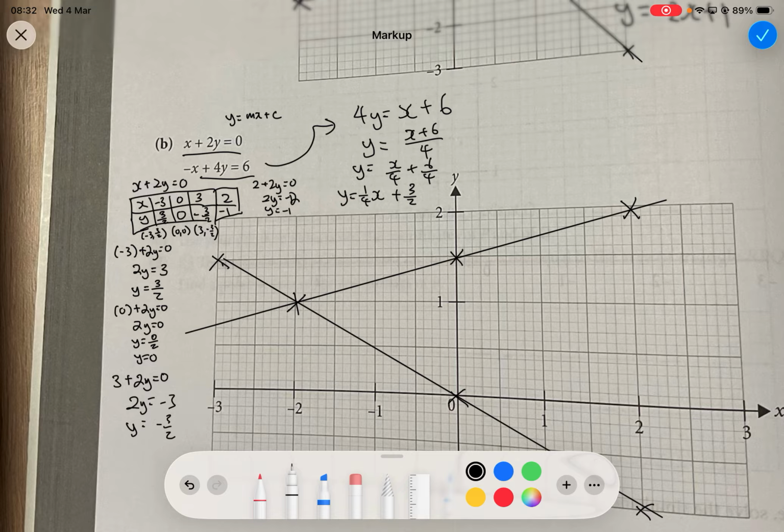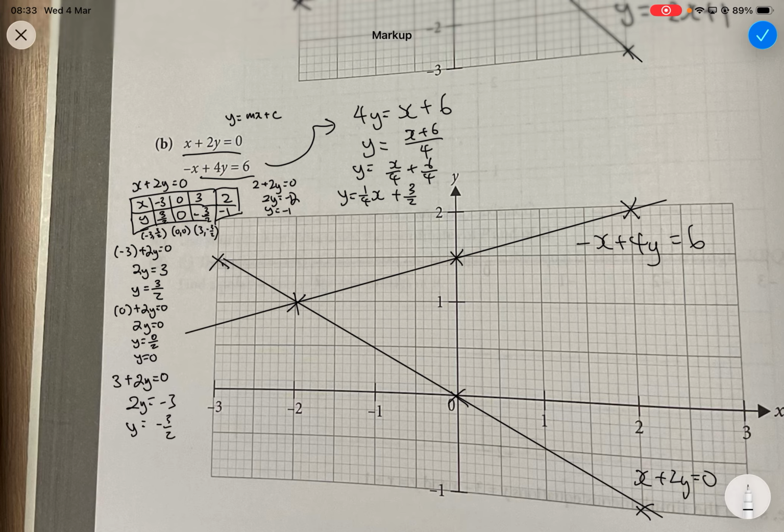Okay, so the first line that I draw was x plus 2y equals to 0. The second line that I draw is negative x plus 4y equals to 6. Okay, so back to the question, is asking me to solve for simultaneous equation, meaning when they meet, what is the x, what is the y?